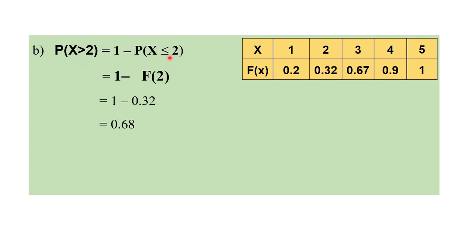So take note that probability at less than or equal to 2 can be written as capital F2 or CDF2. This is another way of writing. We use the symbol F2. So F2 you can read directly like our previous question, 0.32. So we get the final answer 0.68.